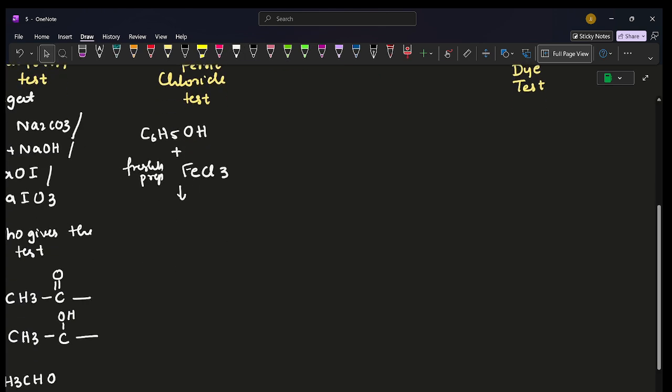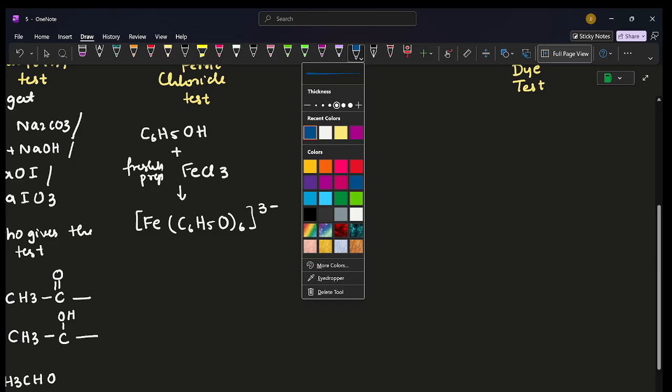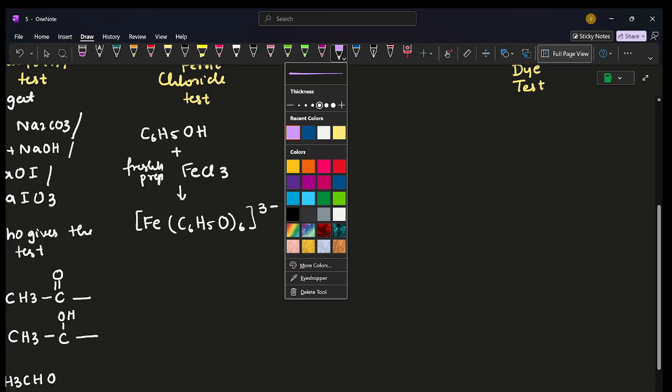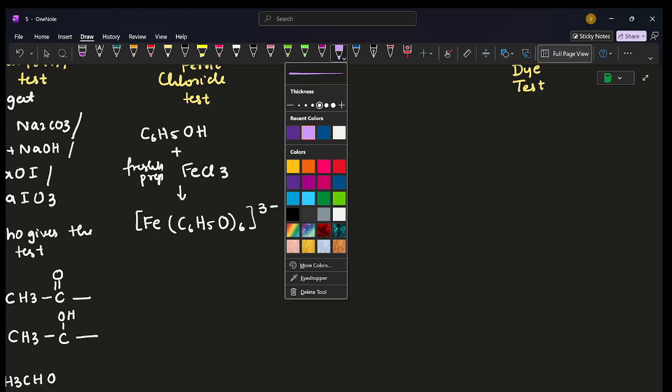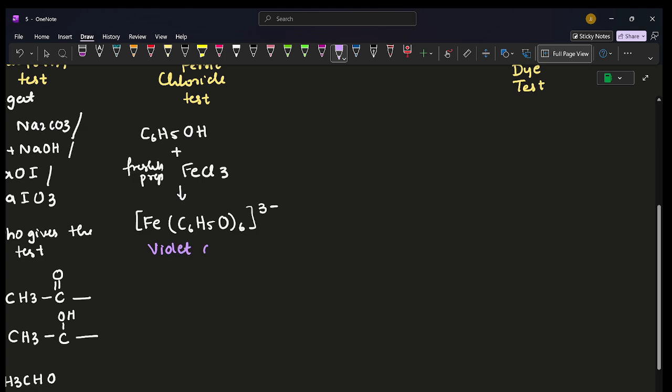It's going to give me a complex, and this is violet colored. Okay, violet color complex.